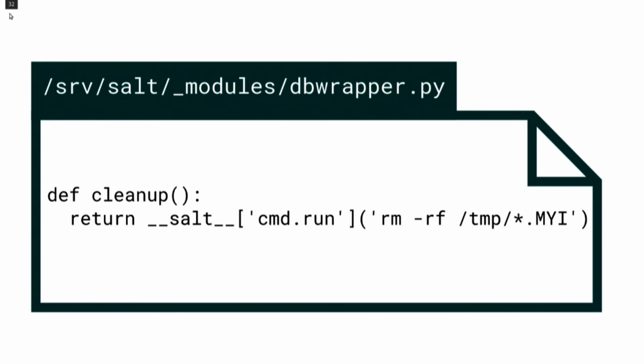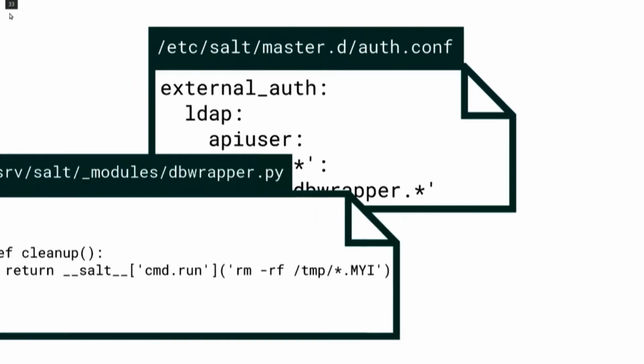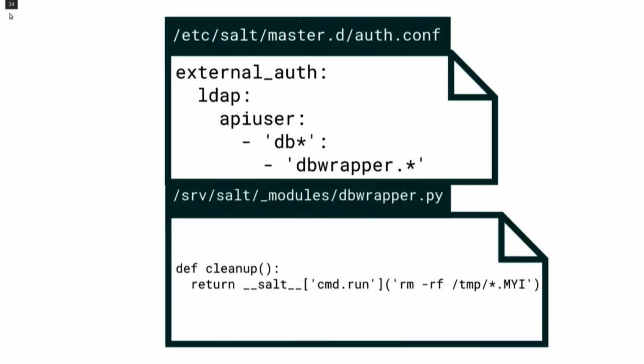I know exactly what they're doing, what they can do, what they can change, what they can't, and I can even abstract it. If I change what a cleanup is later, they don't have to change what they're calling. They just call out. So you combine that with authentication, saying, hey, API user can do DB wrapper on DB machines. This gives me really tightly controlled, abstracted away, but still very powerful infrastructure access.